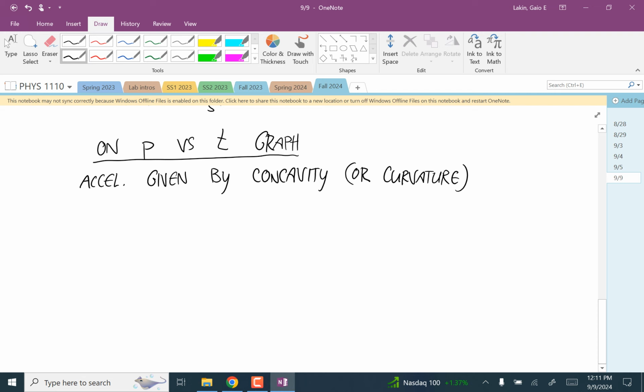So for example, a straight line doesn't have any curvature, doesn't have any concavity. But if the part of the graph that you're interested in is part of a curve like that, that's called, well, that's a positive acceleration, and that's called concave up.